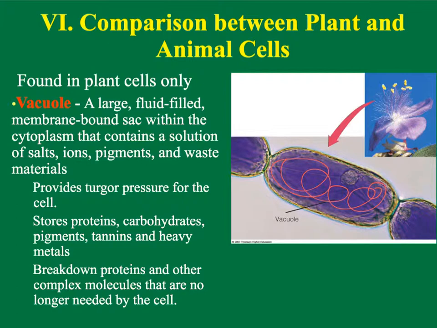So all of these things can happen within a vacuole, and so it has many different functions. Also, this is the site where the breakdown of proteins and other complex molecules that are no longer needed by the cell can occur.